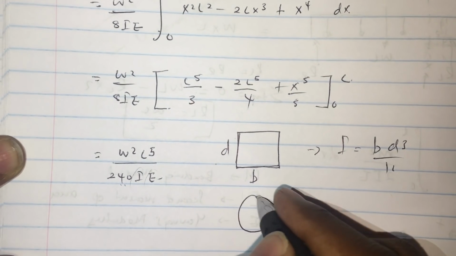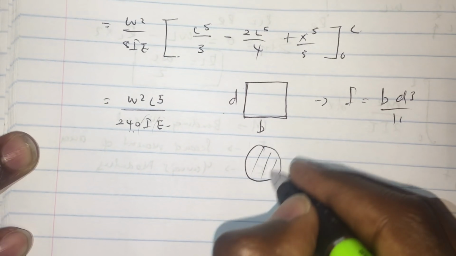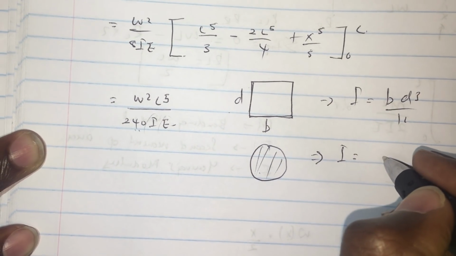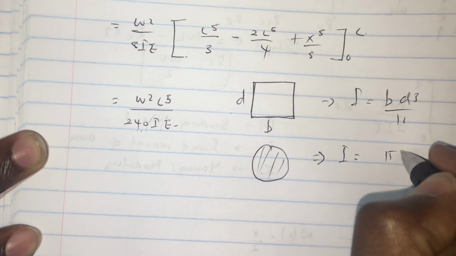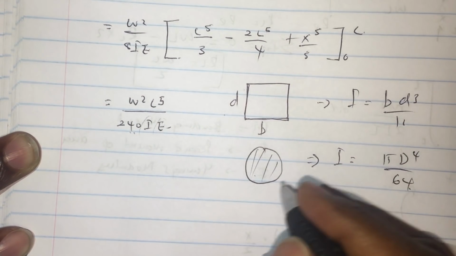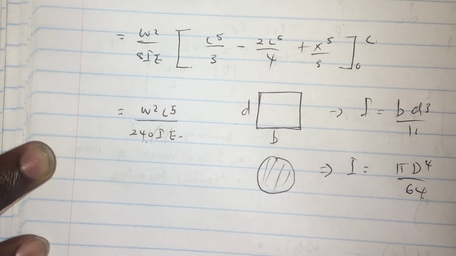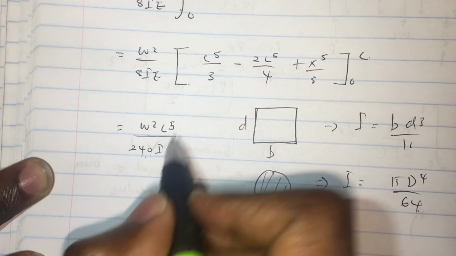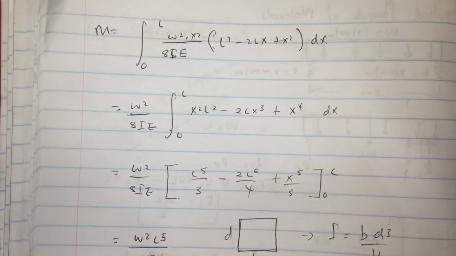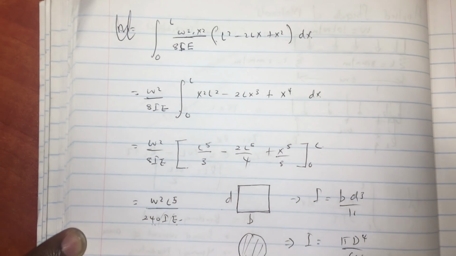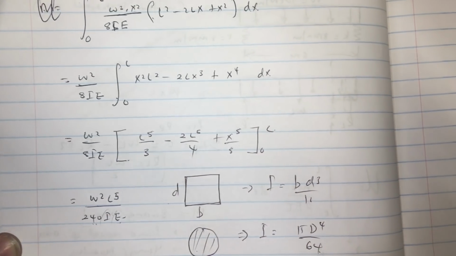If it's a circular cross section of the beam, then you know that I is equal to pi d to the 4 over 64, right? And the value of E is given as Young's modulus, right? So this is the total strain energy within a bending moment of a UDL, right?